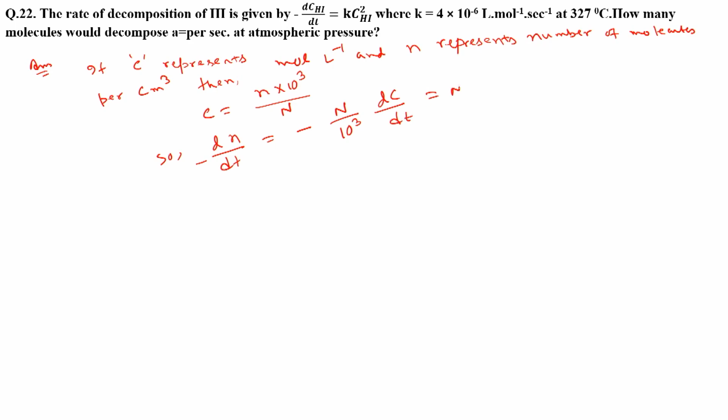So, it gives N by 10 to the 3 times k times C square.